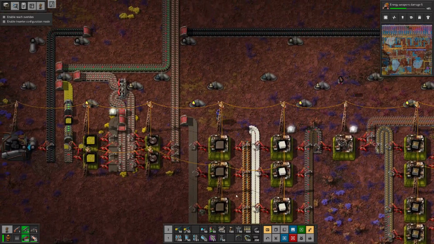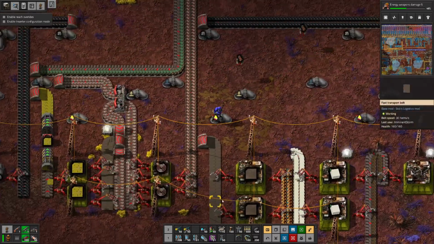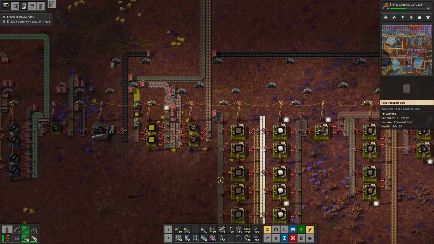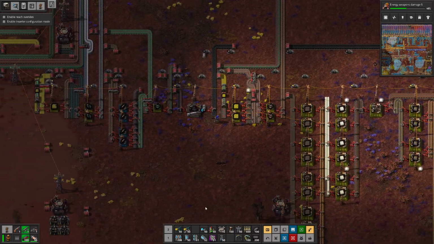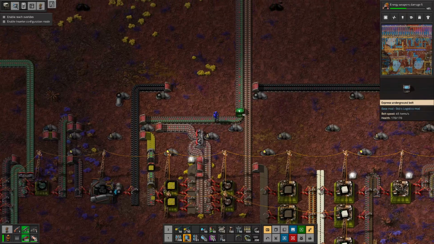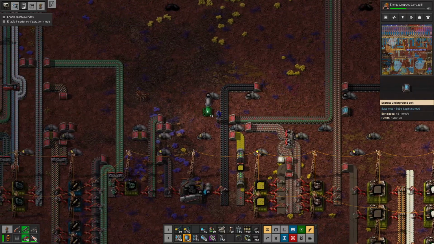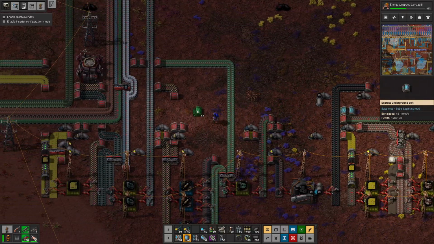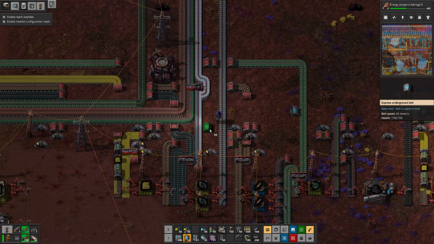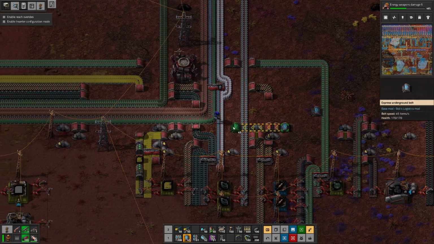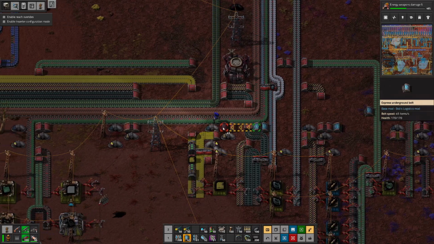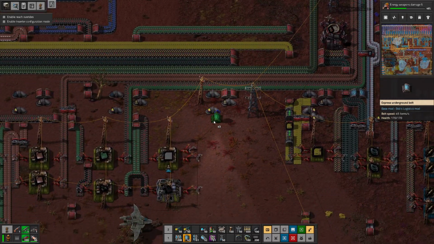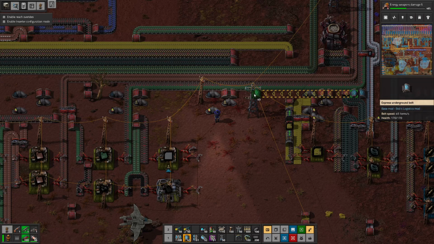All right, that will work. And actually, this can come in on this line because we're two different types of belts.